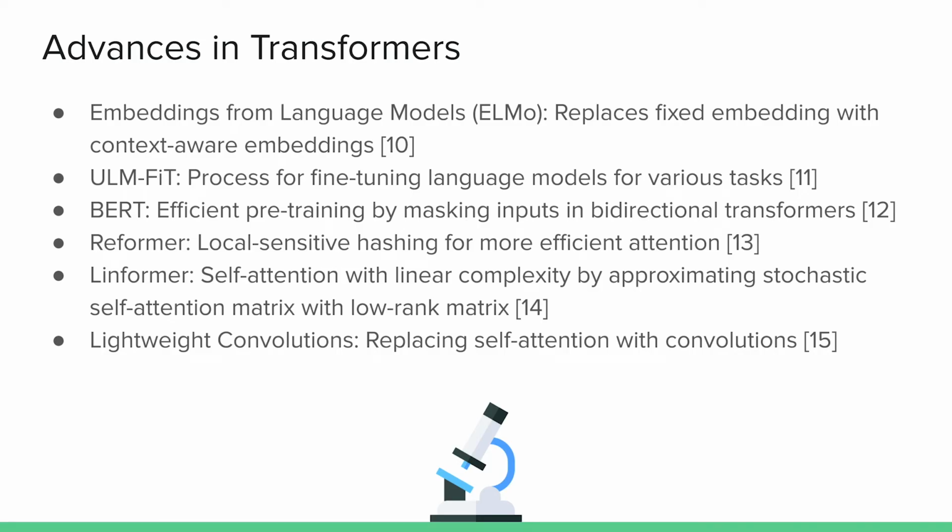One would be embeddings from language models, or ELMO, where we replace the fixed embedding with context-aware embeddings. And that makes sense when you're into language processing and you take the word stick. It can mean something completely different depending on where it appears in the sentence and what comes before and afterwards. So we need the context.